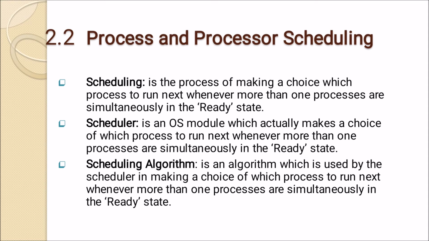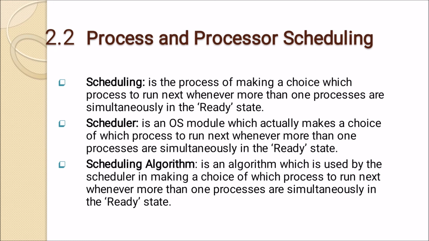Now, what are process and processor scheduling? This is more terminology. Scheduling is the process of making a choice of which process to run next whenever more than one process is simultaneously in the ready state.